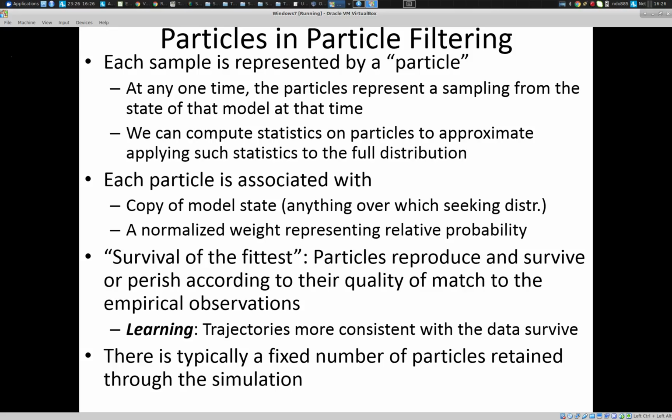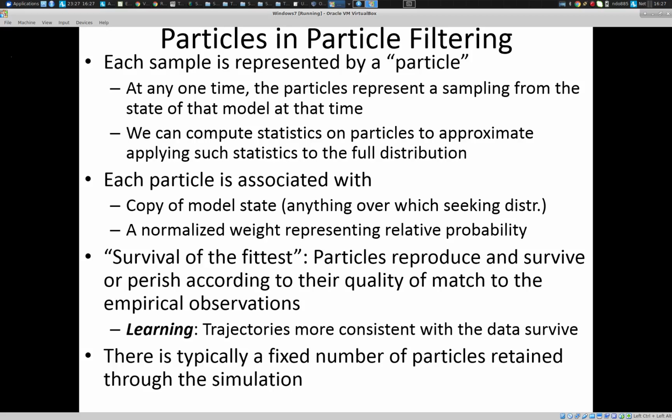The particles at any one time represent a sampling from the state of the model. But some of them have higher weights, indicating that, from an importance sampling perspective, they're more highly represented. And we can compute statistics on the drawn particles to approximate such statistics for the full distribution.